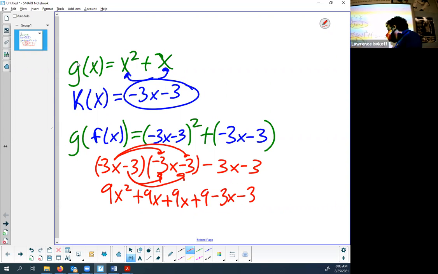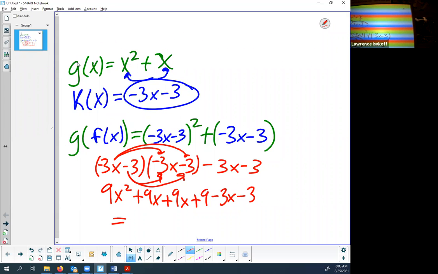And then that hangs out on the end. So here, something to combine with the 9x squared, so that's just 9x squared. 9x plus 9x is 18, minus 3 will be plus 15x. And then 9 minus 3 will be a positive 6.